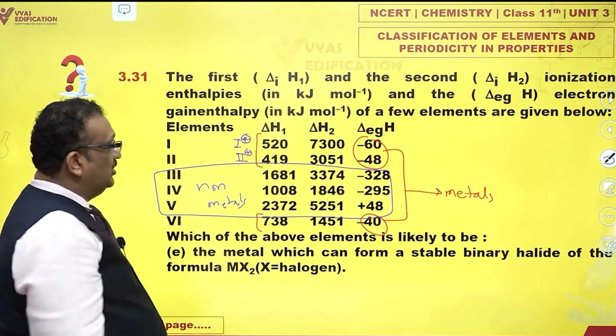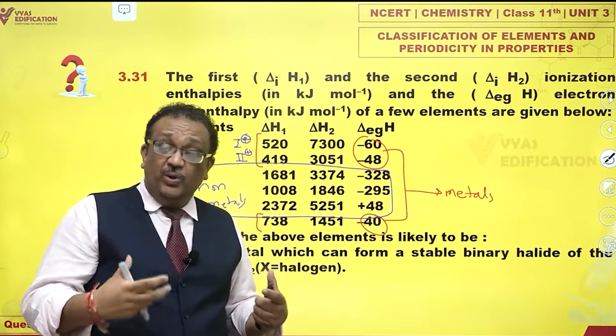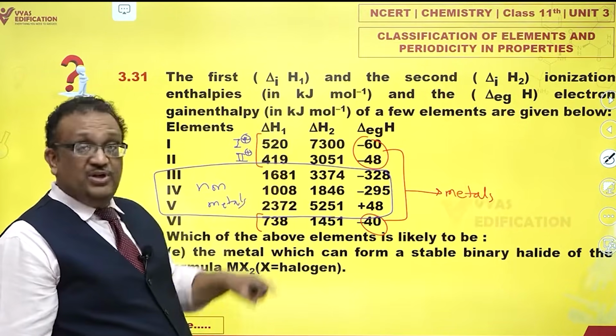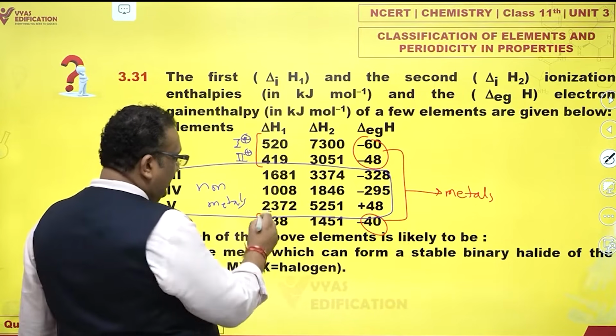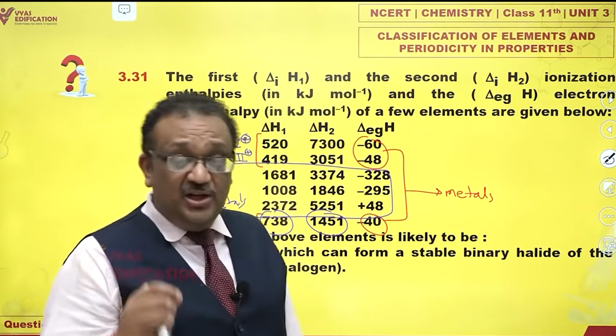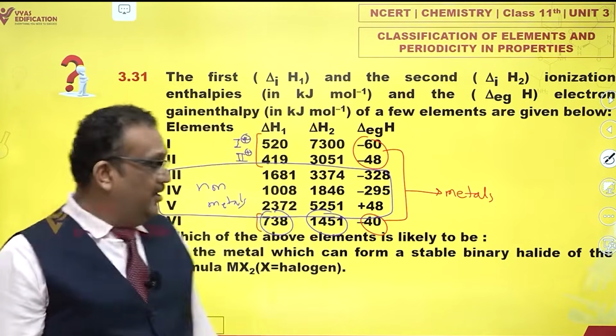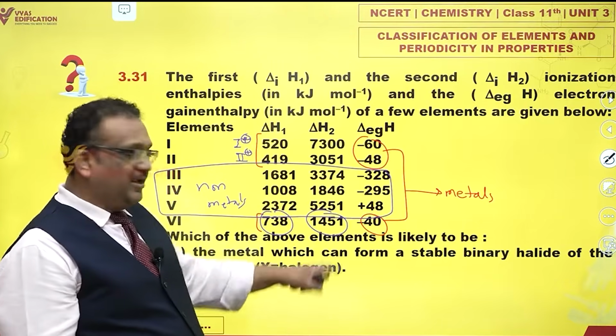Why? Because removal of the second electron is quite difficult in the case of both 1 as well as 2. If you look at 6, 738, it is just twice. Anyway, the second energy must be more than the first, that's okay, but it's not 10 times or 8 times or 5 times, nothing like that.